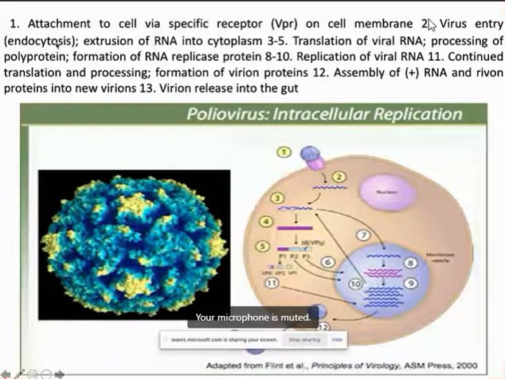It is also called viropexis, and then they enter into the cytoplasm, and the outer capsid layer is broken out and released, and finally it's called uncoating.